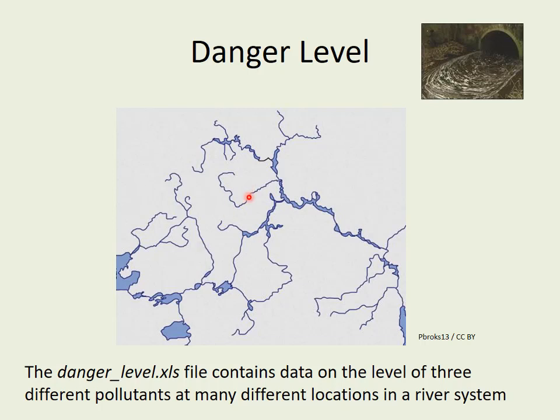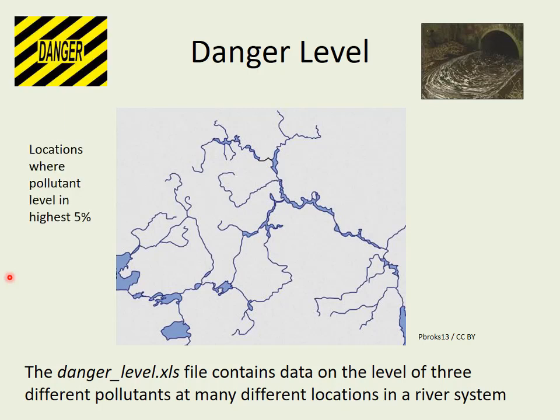And what we want to look at is, okay, there's different levels of pollution everywhere, but to focus our resources, which are the ones which are in the worst 5%? So those we're going to say are the danger levels to start with. So locations where the pollutant level is in the highest 5%, we say that's the danger level. We want to flag that up.